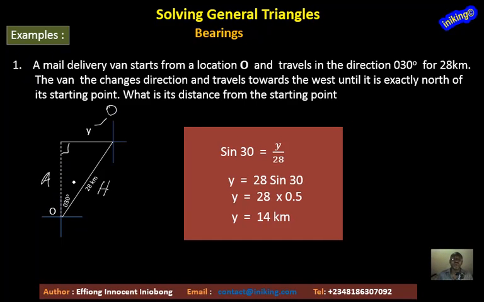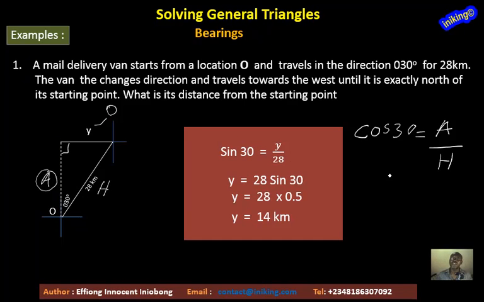So I can quickly go straight to find the adjacent, because that's the side we are looking for. I would apply cos theta there. I would say that cos of the angle 30 is equal to adjacent over hypotenuse.